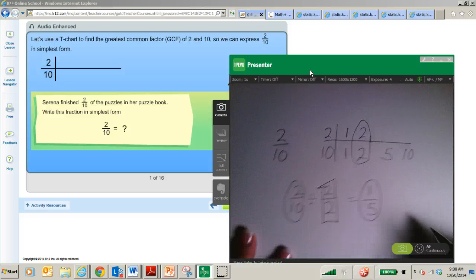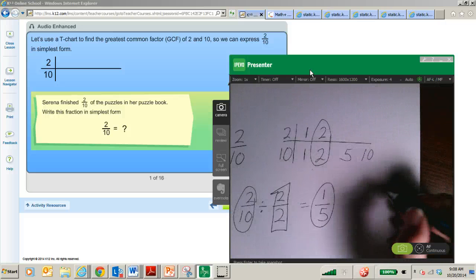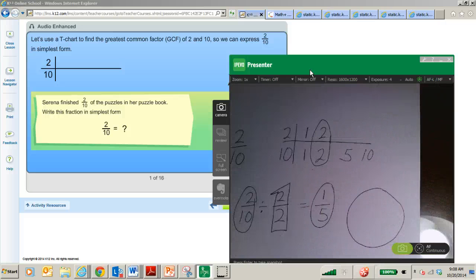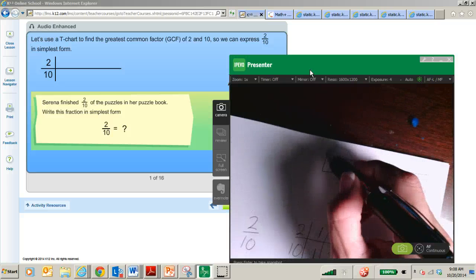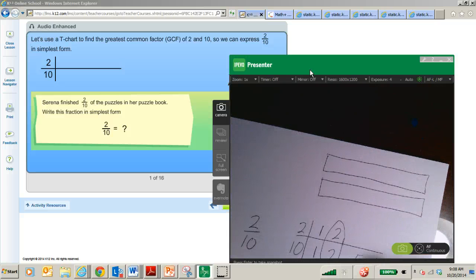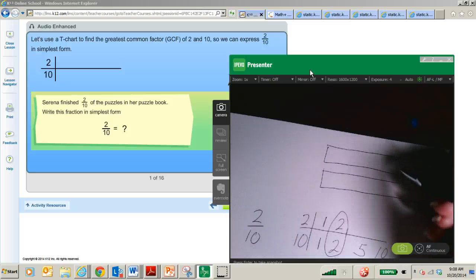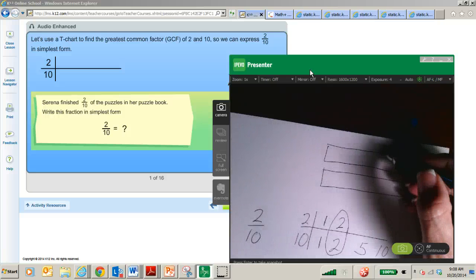And let's draw a circle just to prove that. And this is a great thing for you to do with your student as well. Circles may not be the best thing, but a bar probably will be. Circles are kind of hard sometimes, so let's do a bar. And so I'm going to show 2/10. And let's first of all divide it kind of in half.